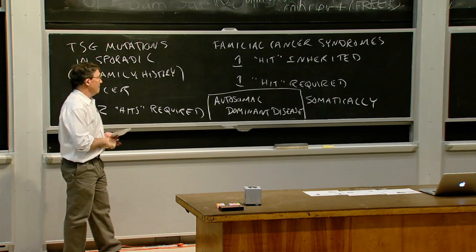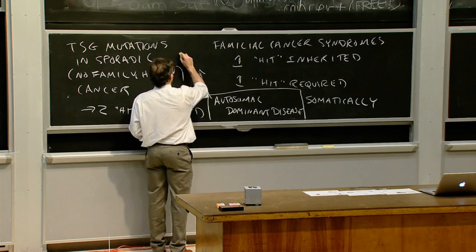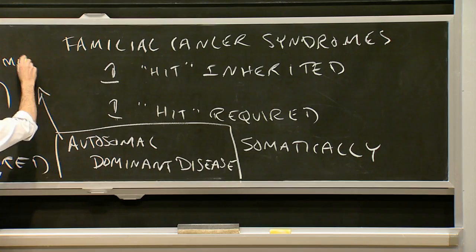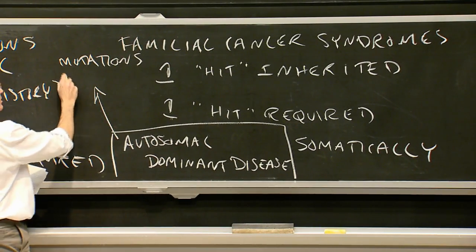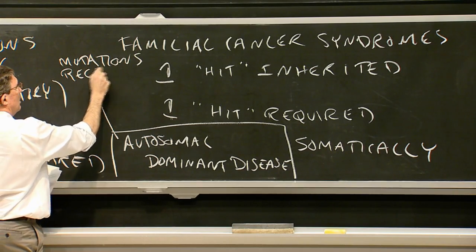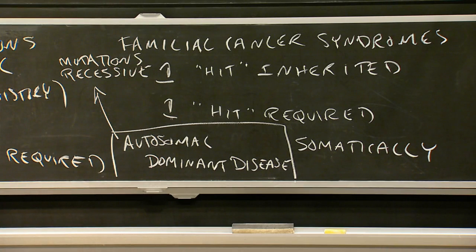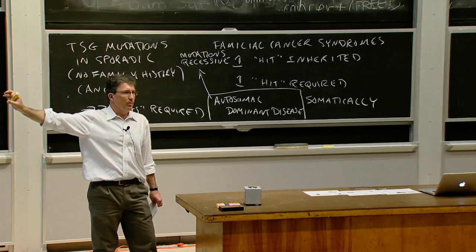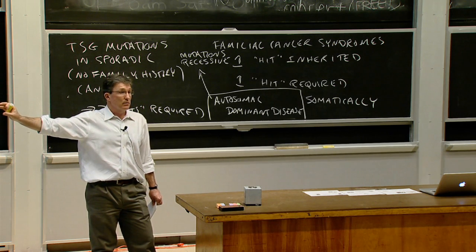An autosomal dominant disease, but interestingly, we've been talking about the fact that the mutations are actually recessive. So this seems confusing. So who can explain it? How do we have a recessive mutation at the cellular level causing what appears to be an autosomal dominant disease? Who can answer that question? Yeah.